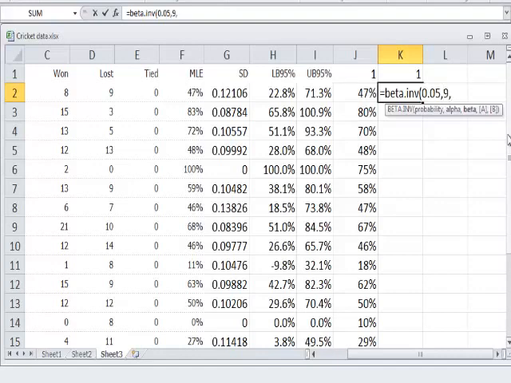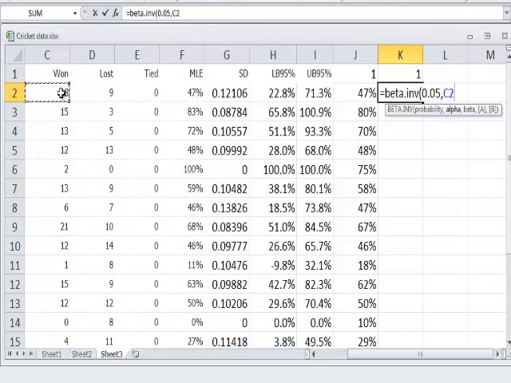And what is the beta? It's B plus n minus x. So n was 8 plus 9. I want to have the whole column.